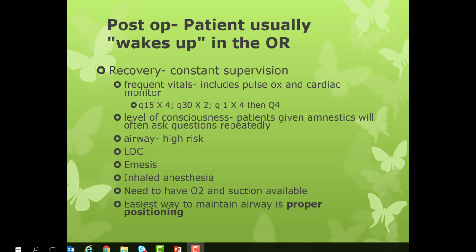At least a 30 to 45 degree elevation of the head of bed, because that elevation helps with breathing, it helps with the work of breathing, it also helps with the airway. Very few instances would that be contraindicated.